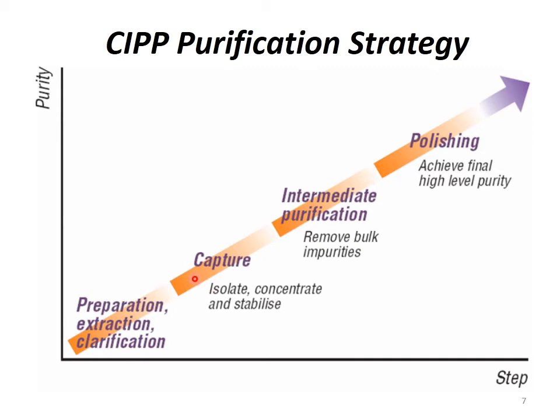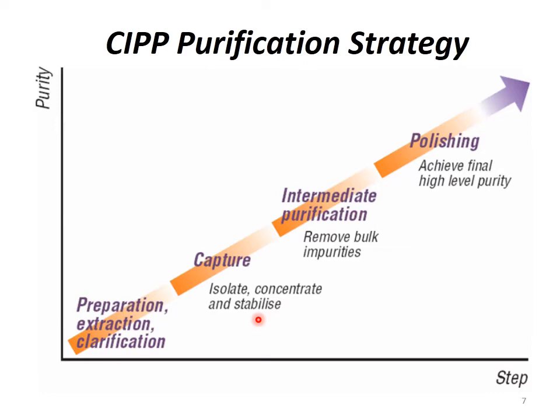The first step during the purification strategy is the capture step. In this process, the protein of interest is isolated, concentrated, and stabilized. Proteins could be concentrated by using salting out, in which we add salt, and therefore the proteins could be precipitated, and then they could be dissolved in a suitable buffer, and that results in concentrating the proteins.